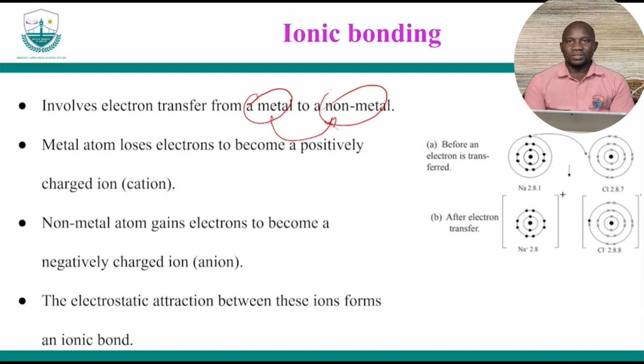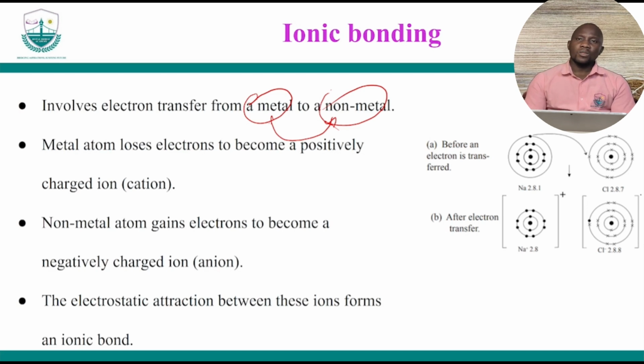Remember, metals have a higher tendency of losing electrons, such that they become cations, and the non-metals are good at accepting electrons. So in an ionic bond, you have electrons being transferred from the metal to the non-metal.